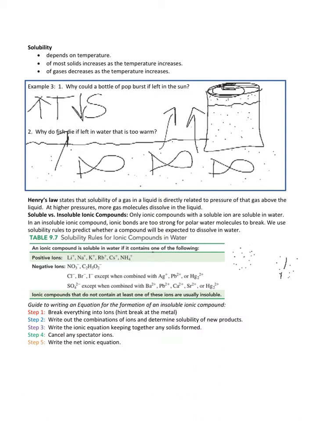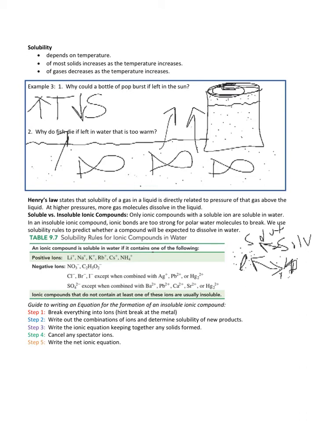We said in order for a solution to form, the interactions between these molecules and these molecules had to be weak enough that these interactions could overcome them. So the interaction between the solvent and the solute had to be strong enough to break the solute and the solvent interactions. Okay? In an insoluble compound, this isn't true. Instead, they stay solid and they sink to the bottom of the beaker.